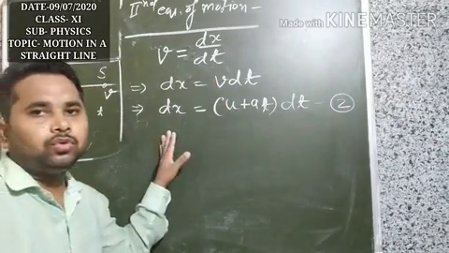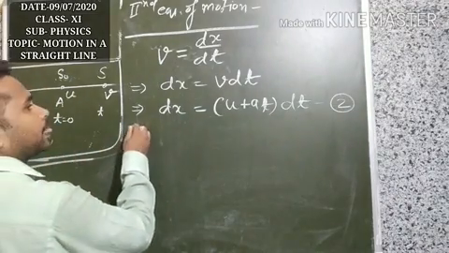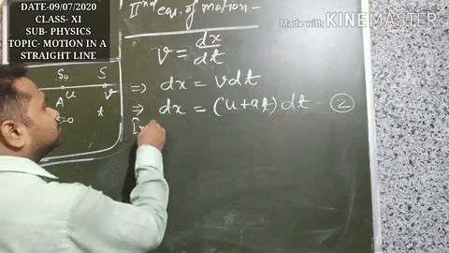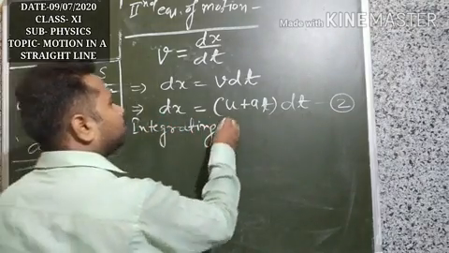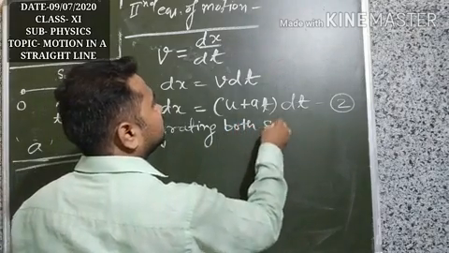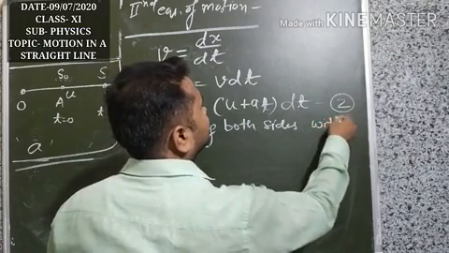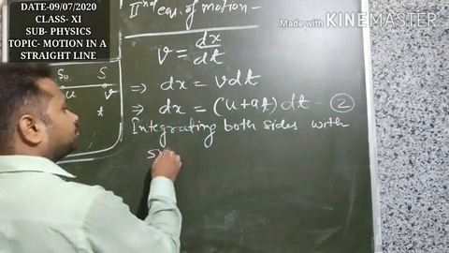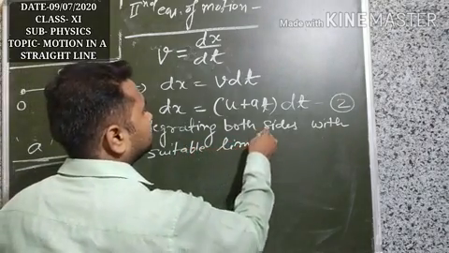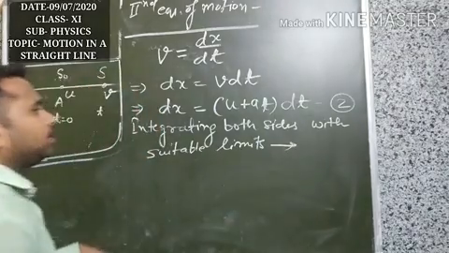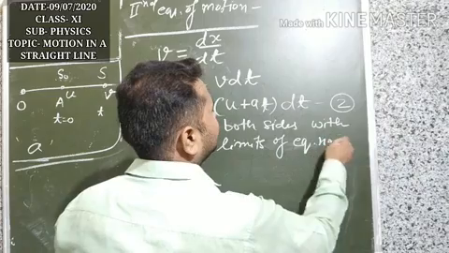Again here we have to use the integration method. So you will write: integrating both sides with suitable limits of equation number 2.